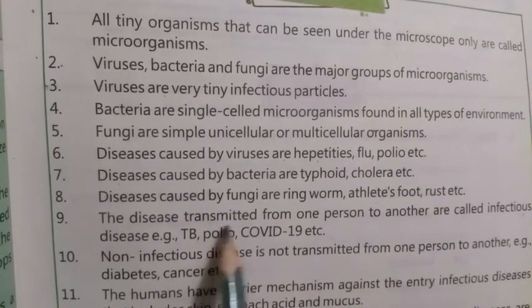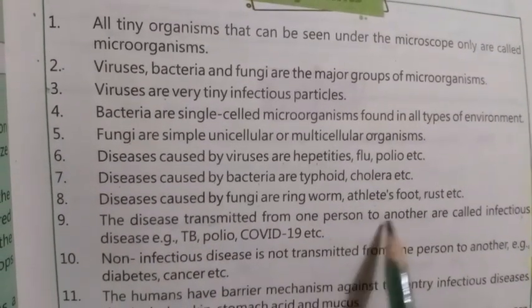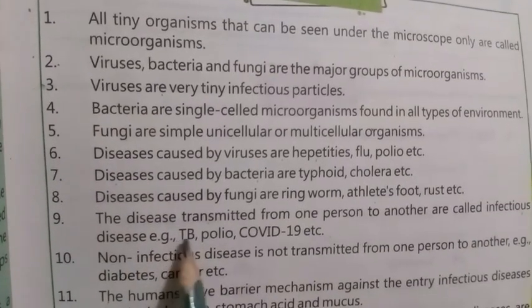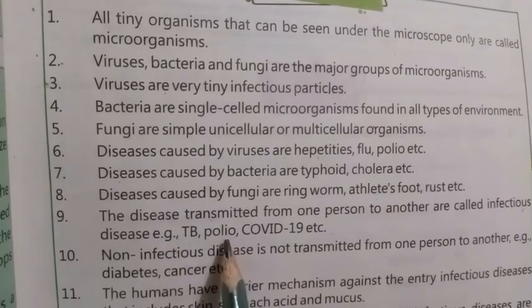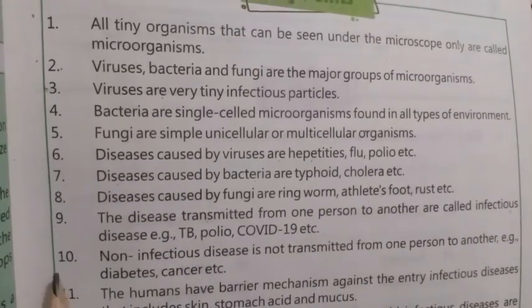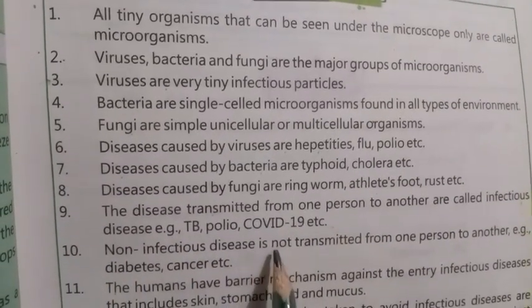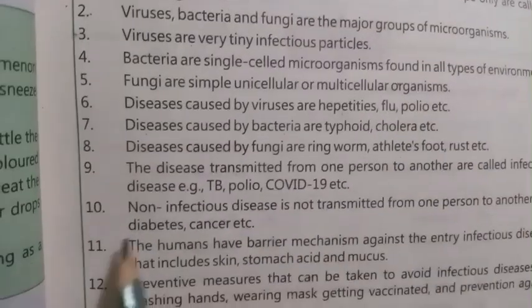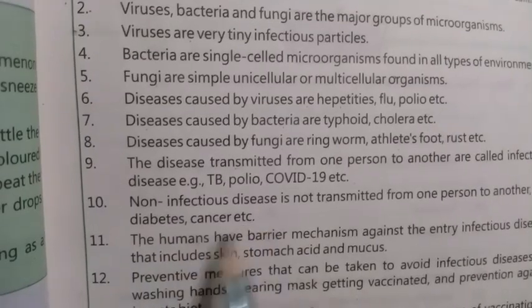The diseases transmitted from one person to another are called infectious diseases, for example, TB, polio, COVID-19, etc. Number 10. Non-infectious diseases are not transmitted from one person to another, for example, diabetes, cancer, etc.